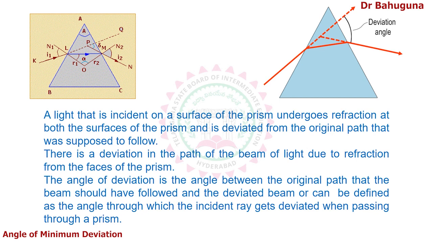If the prism is not there, it might have gone straight, but because of the prism, it is emerging out. Now, the angle between these two rays or paths is called the angle of deviation.